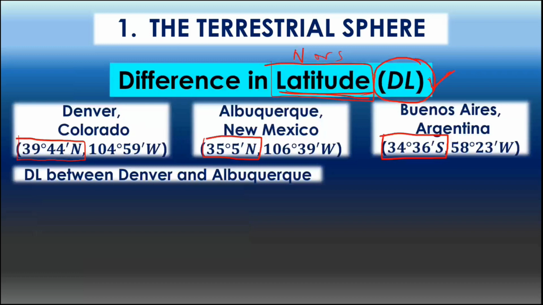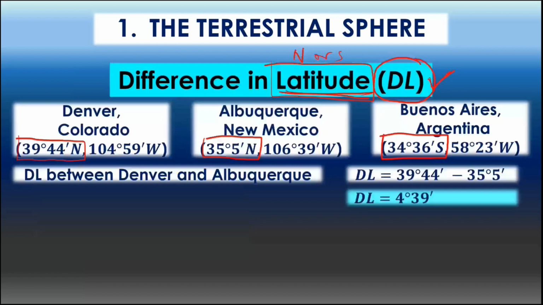And in the discussion a while ago, in computing for the difference in latitude, if the two points are on the same hemisphere, simply you're just going to deduct the smaller one from the bigger one. Of course, 39 degrees and 44 minutes is higher than 35 degrees and 5 minutes. So you're just gonna deduct. So the difference is 4 degrees and 39 minutes. So it is the difference in latitude of the two.